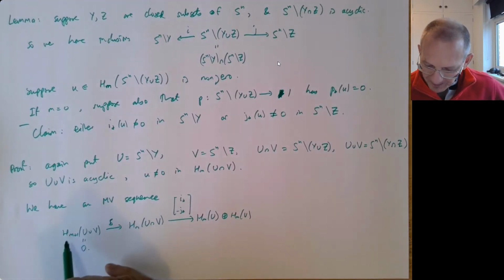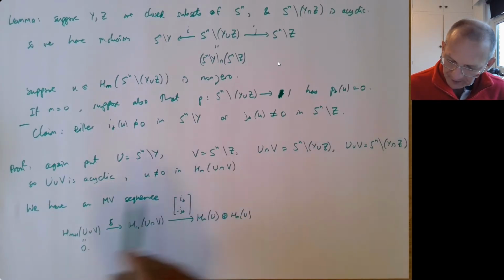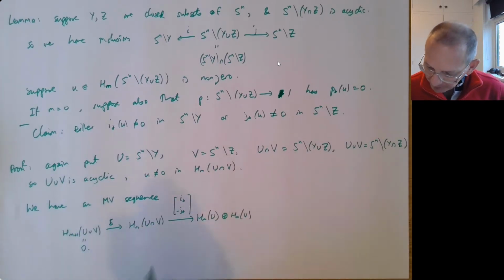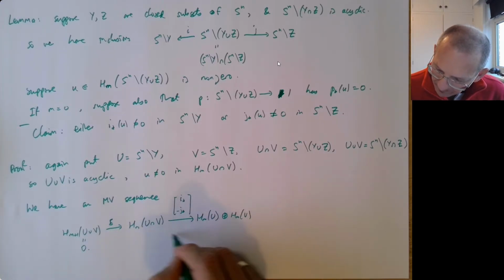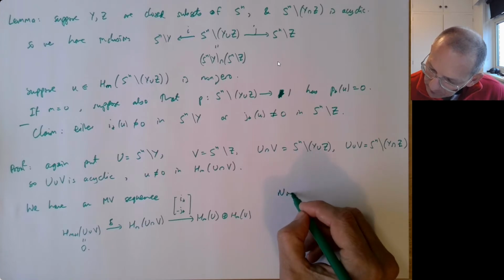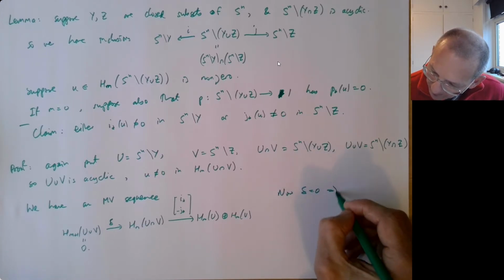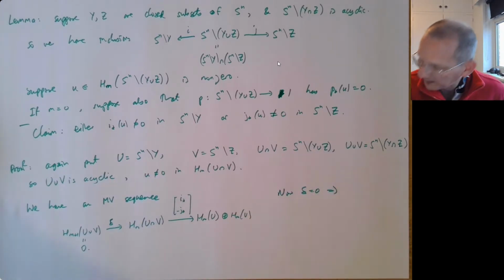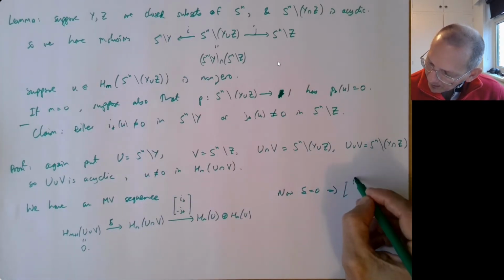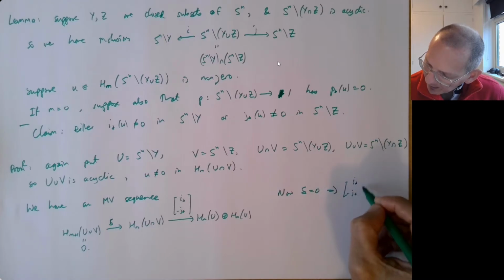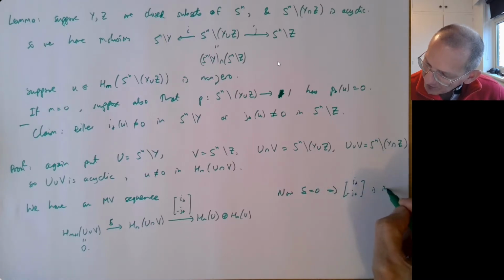But this group here, because U union V is acyclic, this group here is 0. So delta is 0, and that implies, by exactness, that i lower star minus j lower star is injective.